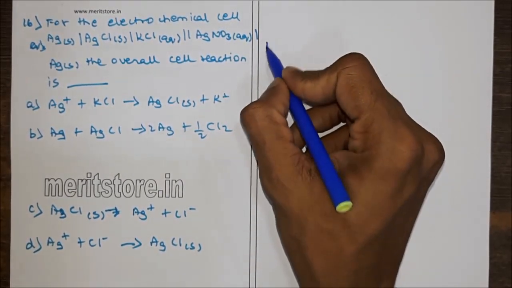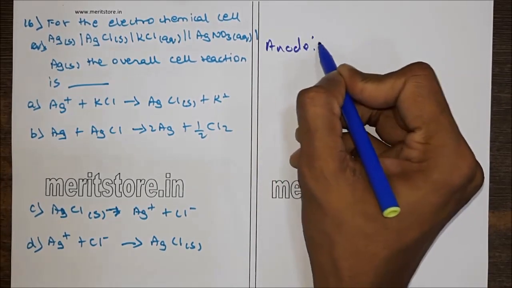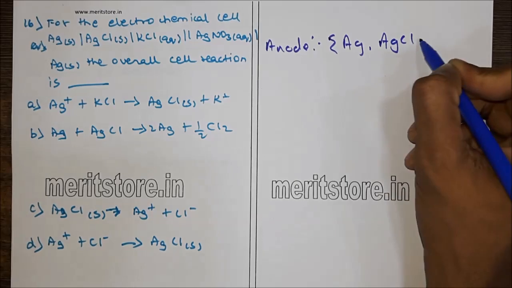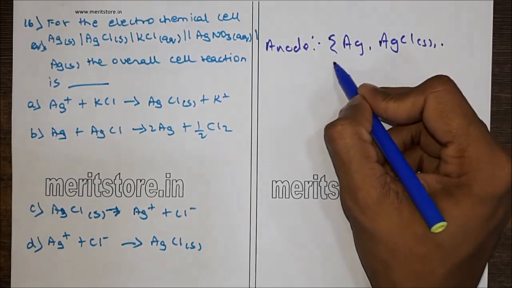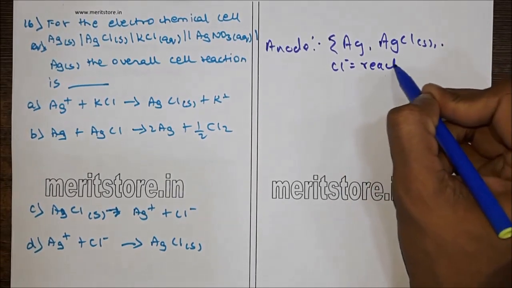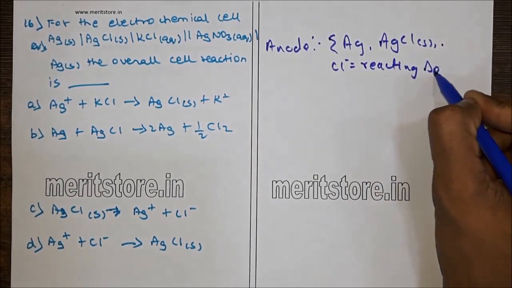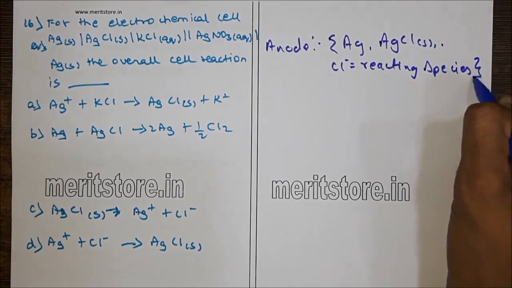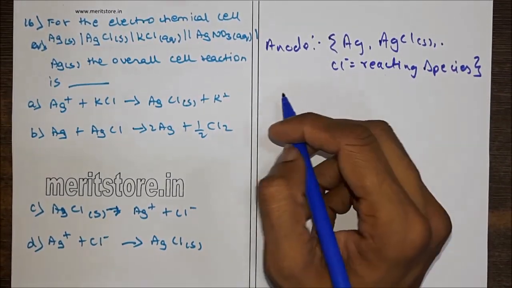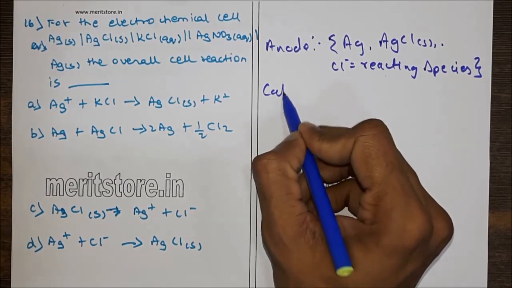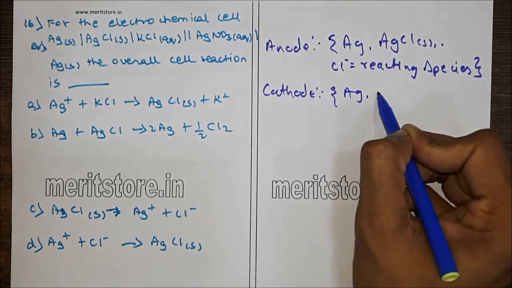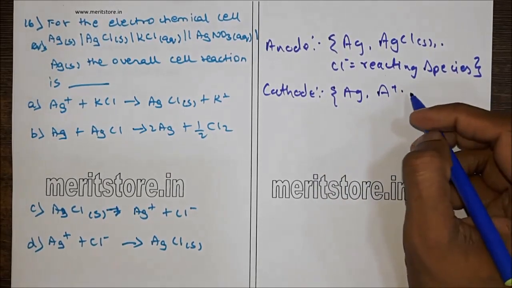So at anode, we have Ag, AgCl in solid state, where Cl- is the reacting species, a metal with sparingly soluble salt, where cathode is Ag, where Ag+ is the reacting species.